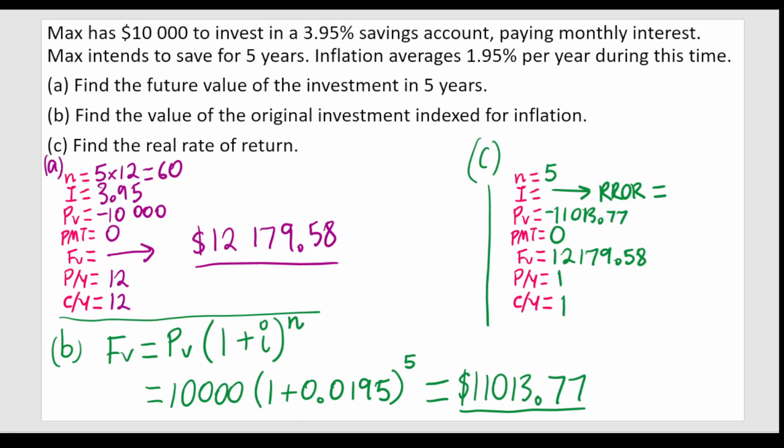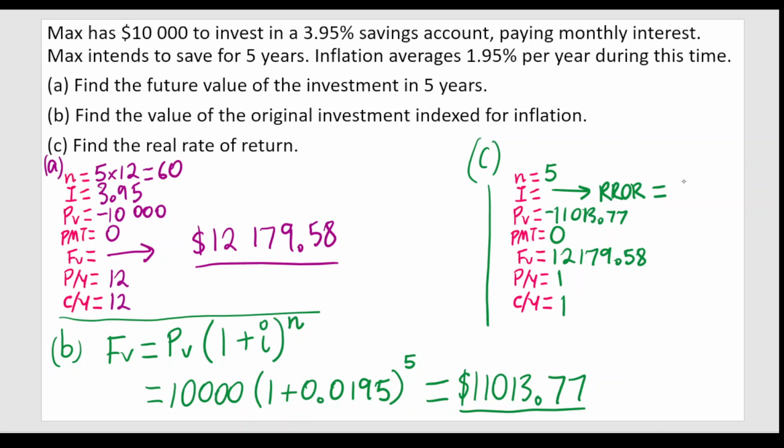So again, go into your graphics calculator, finance section, N is 5, interest rate we set to 0 because we don't know what it is. PV is $11,013.77. There is no PMT. We have $12,179.58. PY is 1, CY is 1.